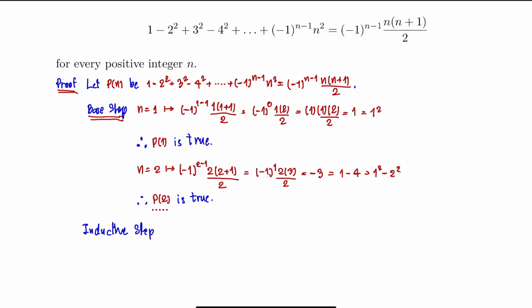For the inductive step, what do we have to assume?